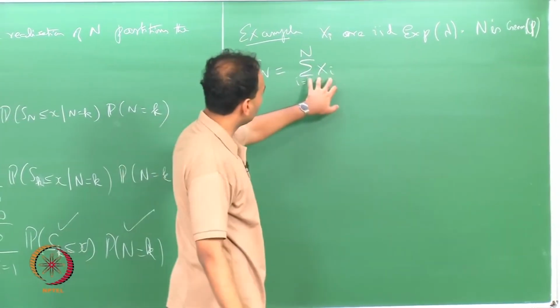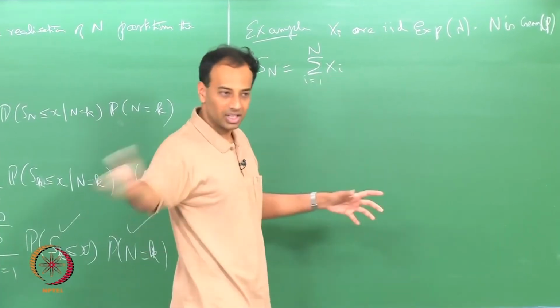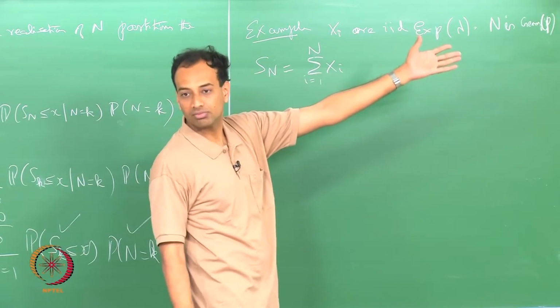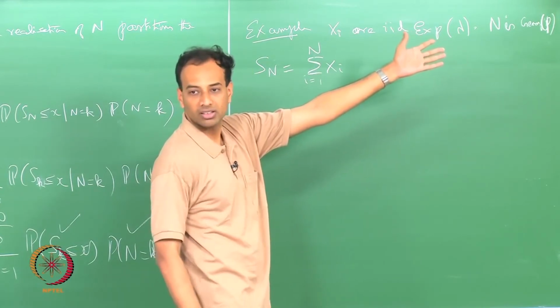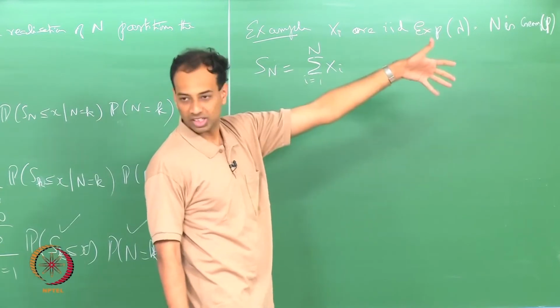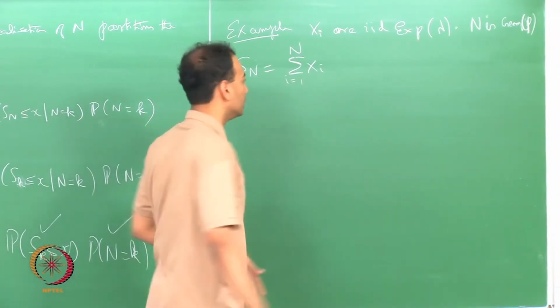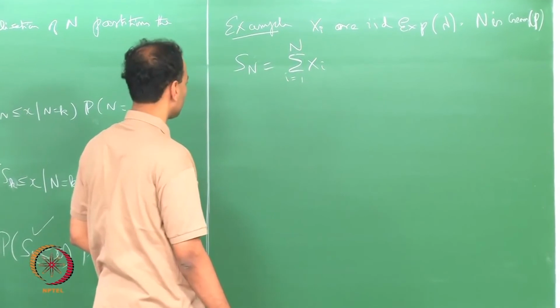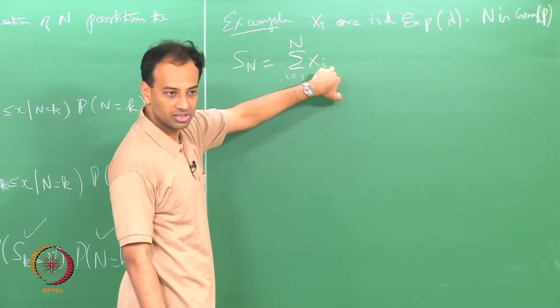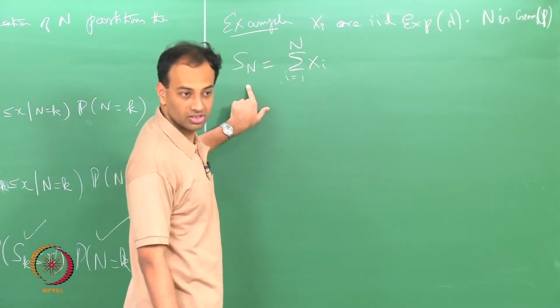You can think of the Xi as independent IID exponentials and N as an independent geometric, taking values in the positive integers. And you are summing a geometric number of IID exponentials. Now, what is the distribution of this is the question.